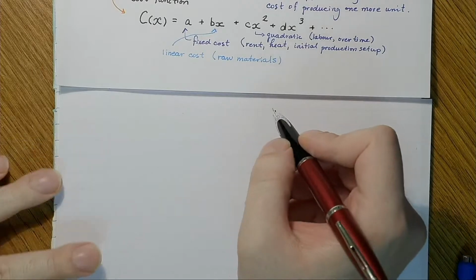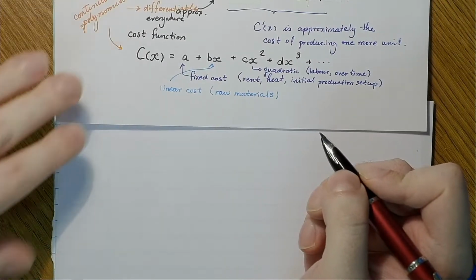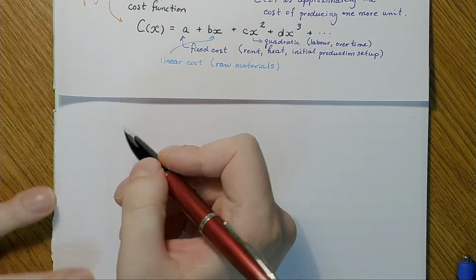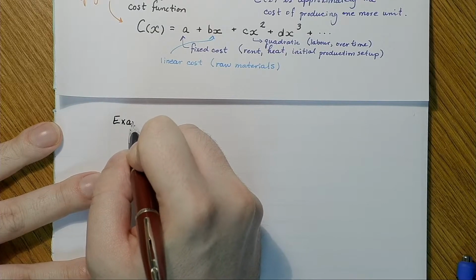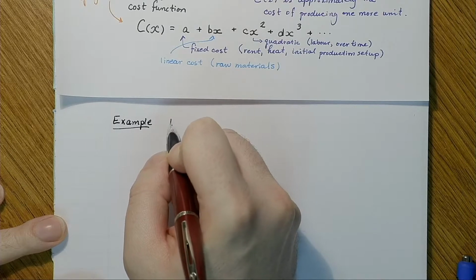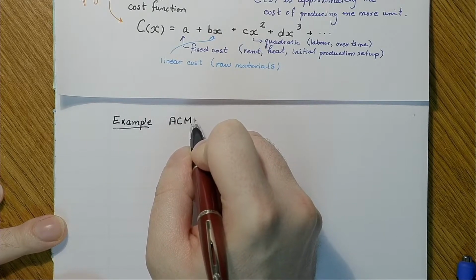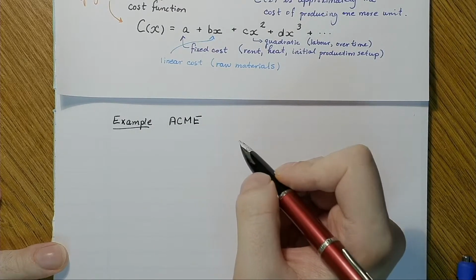let's use number 4. So let's do an example here. And we're going to use Acme. It's the American company that makes everything. And it's a large producer of propellant.